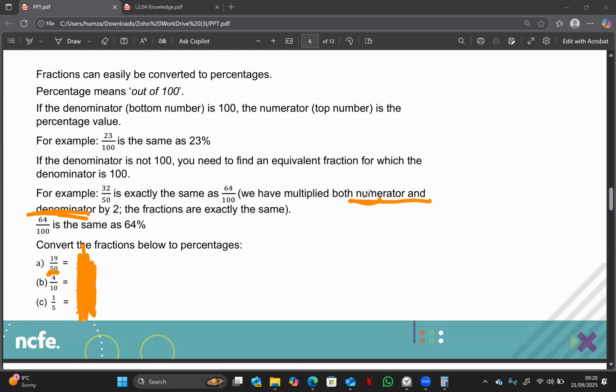I'll help you on the first one. If you read the example, it says 32 over 50 is exactly the same as 64 over 100. Can you see why? Are 32 and 64 common? If you divide 64 by something, can you get 32 as the answer?